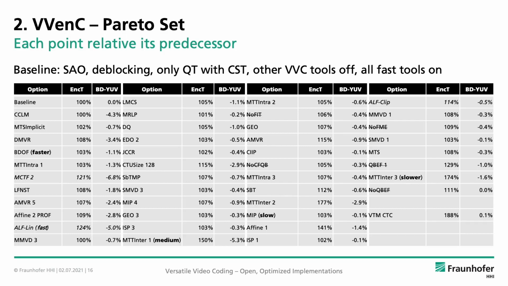So in this slide, you can see similar information as in the last 2 slides. It's basically the Pareto set in table form. And for each next enabled tool, you can see the respective working point. So basically, I want to repeat what I said on the last 2 slides. As you can see at the beginning, we really have the new tools bring in a lot of gain, at very good trade-offs.